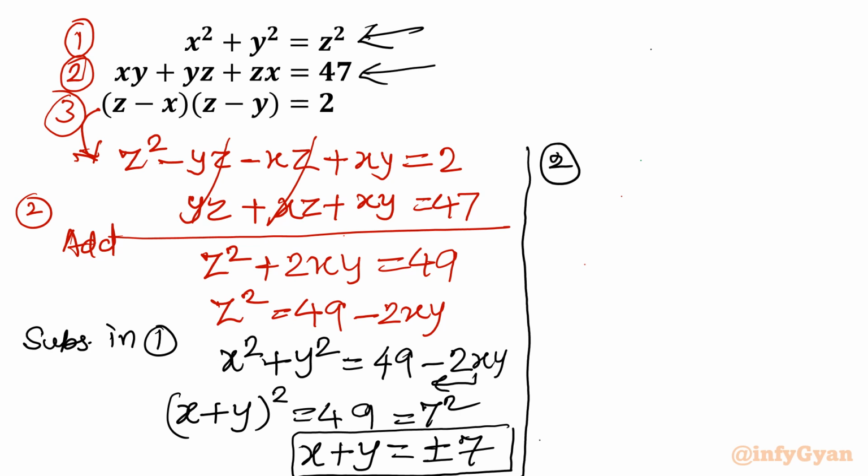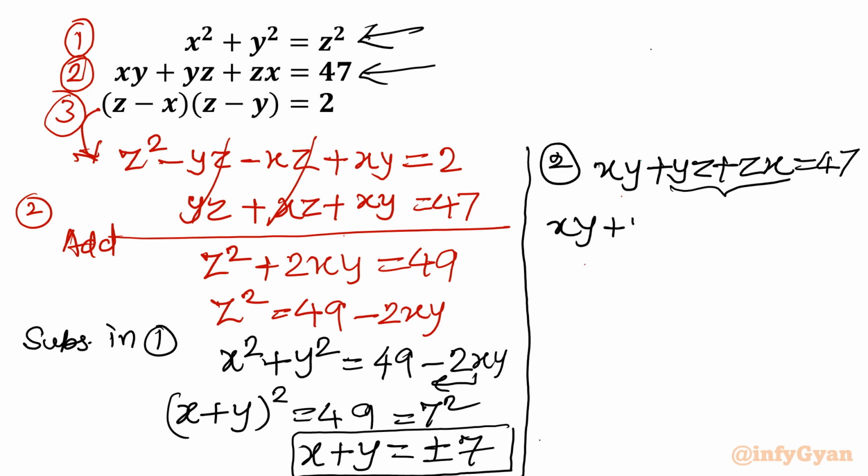Equation number 2, let me write here itself: xy + yz + zx = 47. Now from here I will take z common. So xy + z(x + y) = 47.